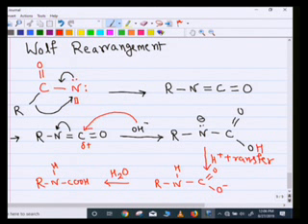Guys, any doubt regarding this one? Because ultimately, first of all, the formation of nitrene, second, the Wolff rearrangement, and third, how the base attacks on that. This is the core section of the mechanism that we are going to discuss after that. If you are clear with this, you will be able to understand the mechanism very easily. First of all, tell me, is there any doubt till now? Anybody, any doubt? Quick reply on the chat screen.